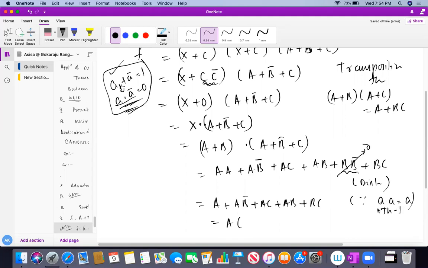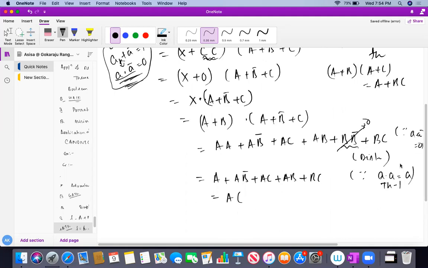What is theorem number 1? Idempotency. Here I have used existence of complement, A and A bar is 0. So these are the theorems and postulates I am putting up as we go forward. Okay, I can use the distributive law again: B bar or B, or BC. So as we know, this will be, let's say, X now, 1 or X is nothing else, 1.